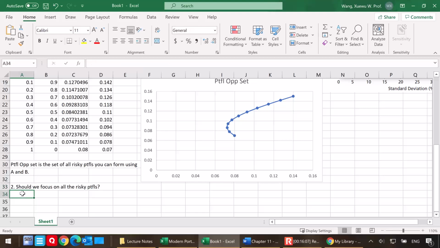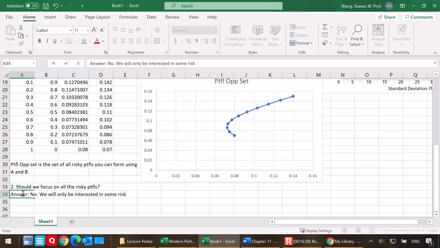If you have 500 assets, you can form an infinite number of portfolios. The question is, are we going to be interested in all of them? The answer is no. We will only be interested in some risky portfolios.